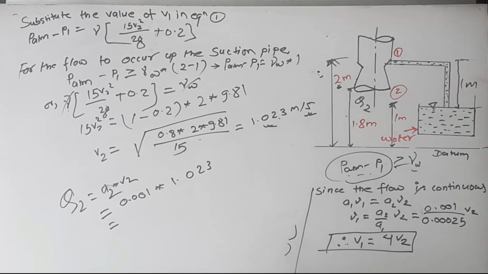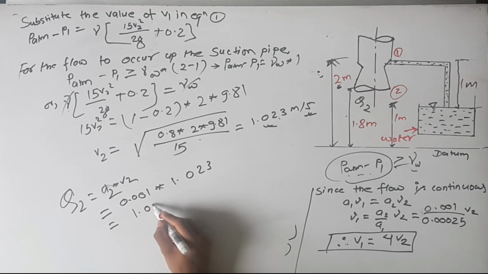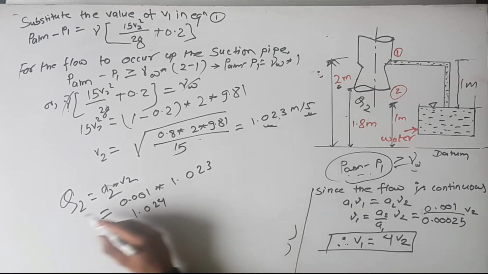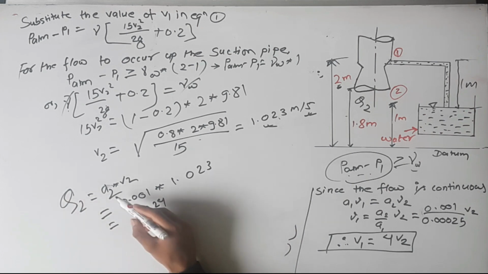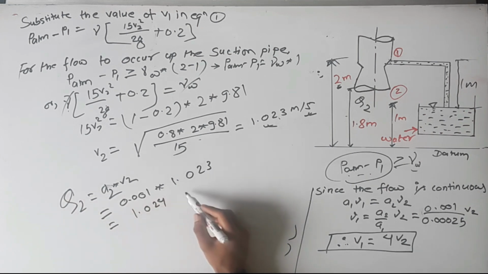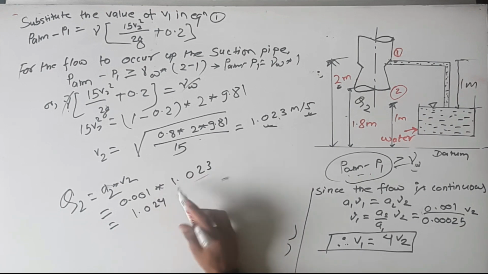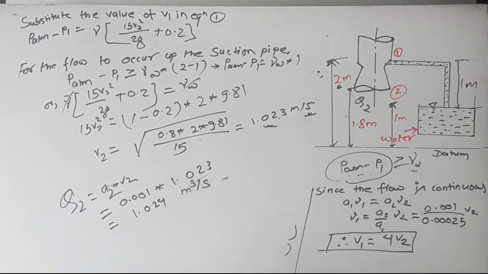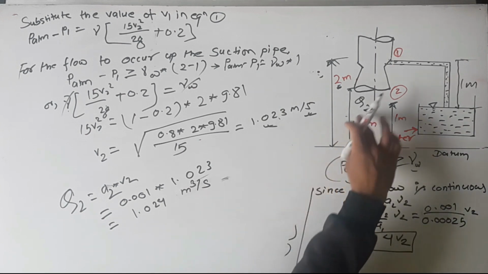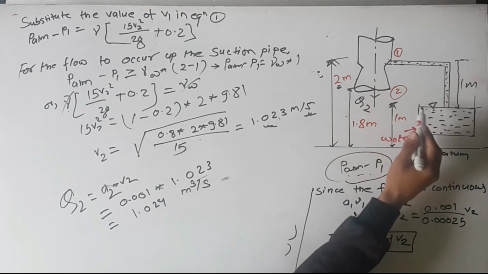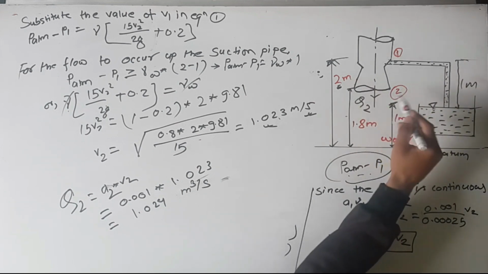If we multiply this, we get 1.024 (approximately). The unit of discharge is unit of area into unit of velocity: meter square into meter per second, which is meter cube per second. Here we find the minimum discharge at this outlet of the suction pipe.